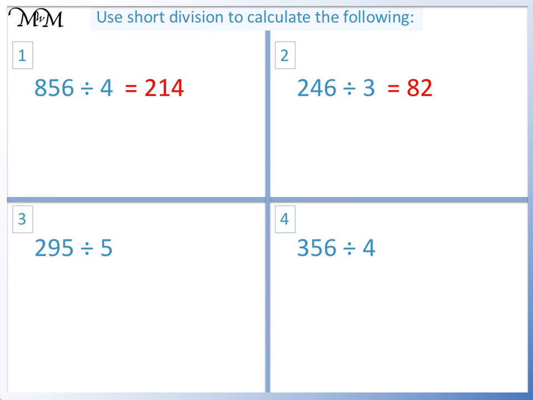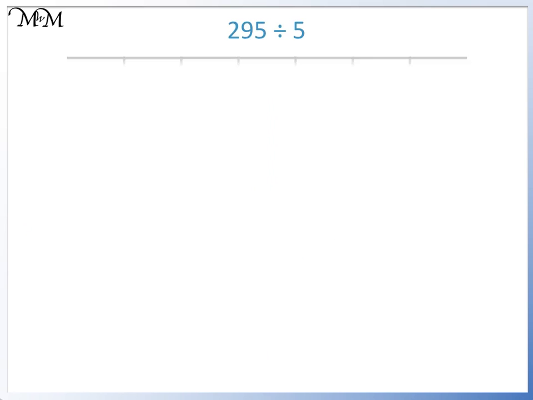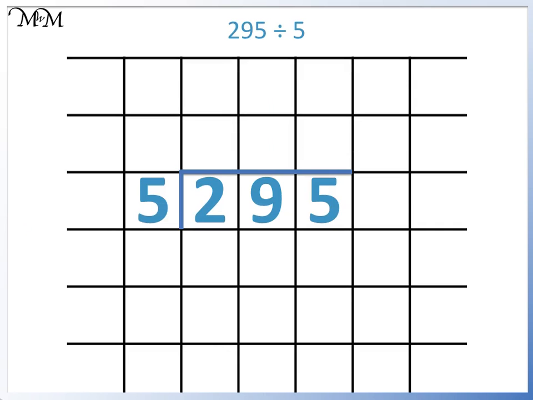Question 3. 295 divided by 5. Starting with 2 divided by 5. 5 does not divide into 2, so we write a 0. 0 5s are 0, so we have 2 left over. We write this remainder next to the 9.